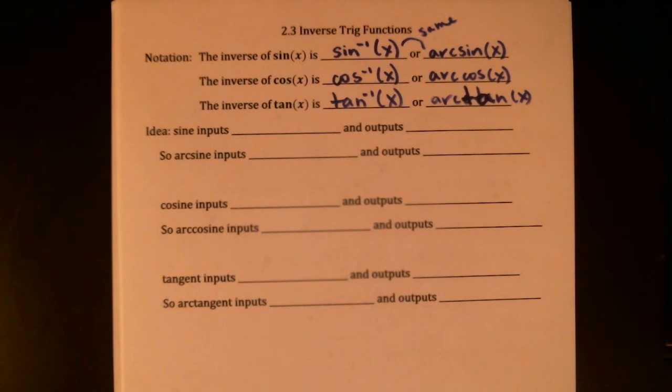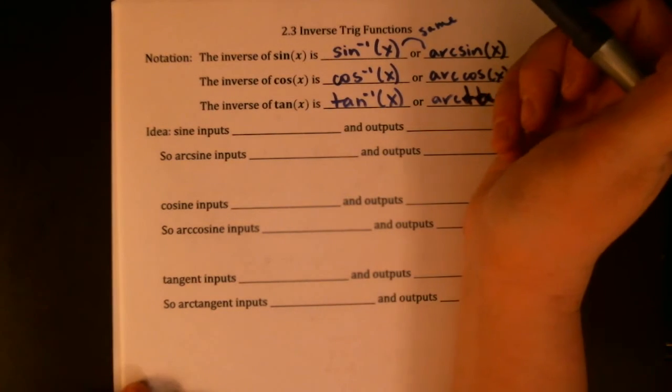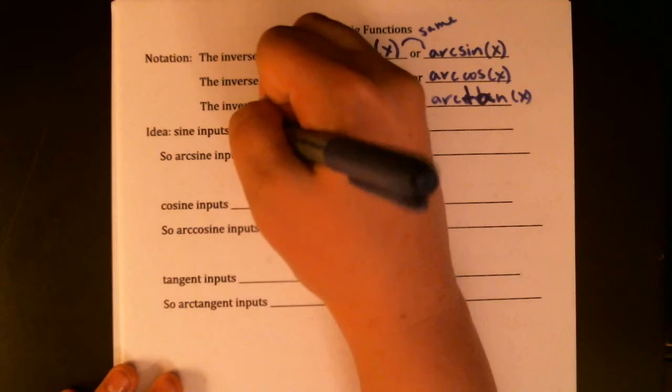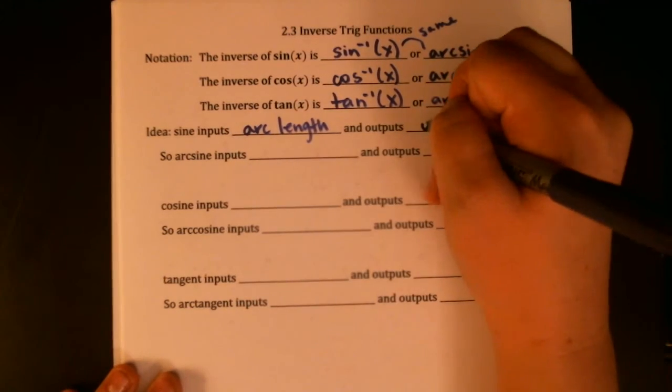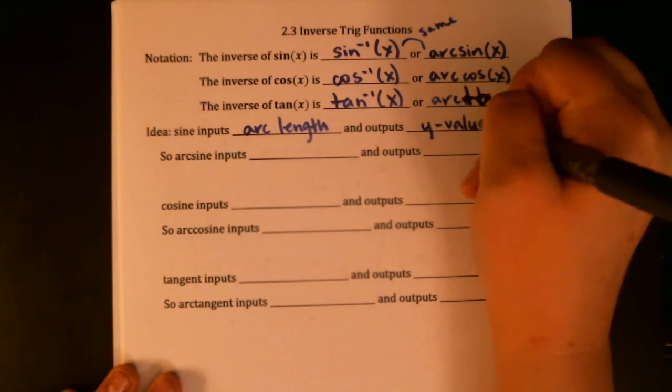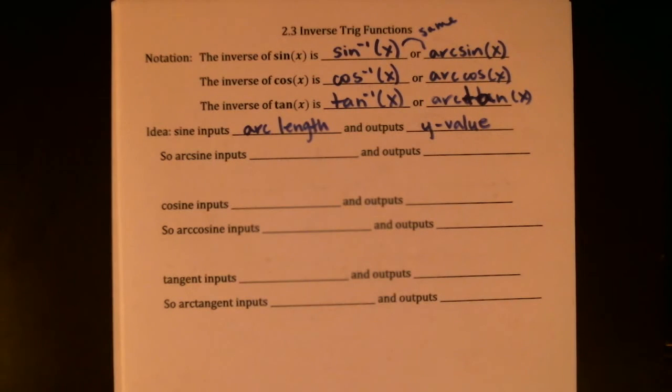Now we want to talk about what their job actually is. So sine, cosine, and tangent have very specific jobs on the unit circle. And their inverses should do the exact opposite. So the idea is that sine inputs an arc length and outputs your y value. So if we're thinking unit circle, sine always inputs arc length and outputs the y value of the point at the end of that arc length.